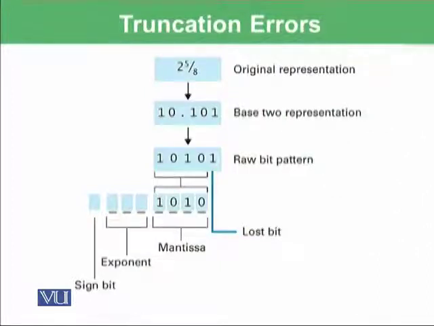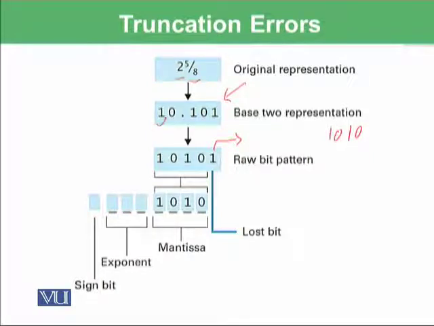So we want to store 2 whole and 5 by 8 as a fractional number. If we translate it, we will get 10.101. In our example, we had only 4 digits of mantissa, so we can store 1010, but the last one cannot be stored in the mantissa, as we start from the left side.